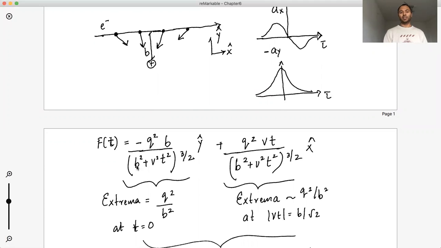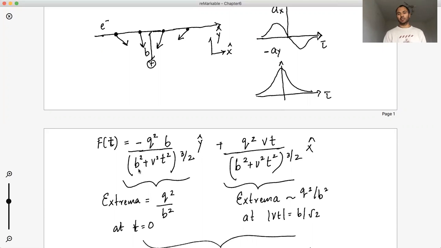So you have distance squared, and then another factor of distance, which is the square root of b squared plus v squared t squared. The whole thing put together gives you the 3/2 power of the distance squared in the denominator.